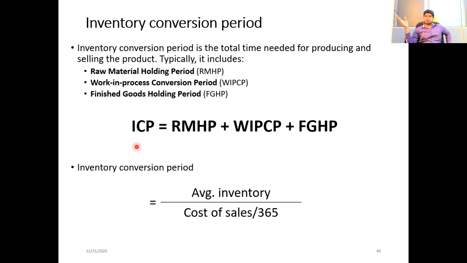So you may have studied financial statement analysis. There we have studied a lot of accounting ratios. So how do we calculate inventory turnover? Anybody of you? How do we calculate turnover? Inventory turnover, please.